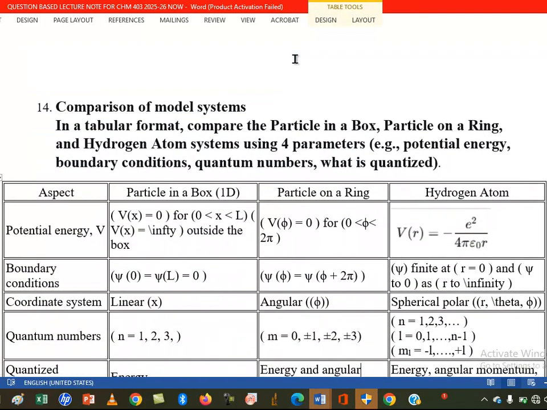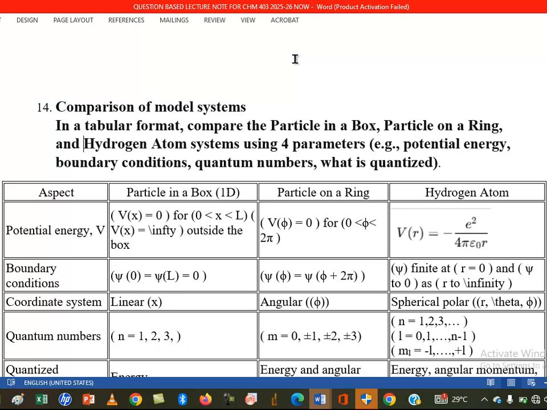Now, the reason why I've tried to compress this is to make it easier for you to comprehend and to assimilate. So here you have to compare three models. You have three model systems: particle in a box, which you have done, then particle on a ring, which is the second one, and then the third one is hydrogen atom systems.